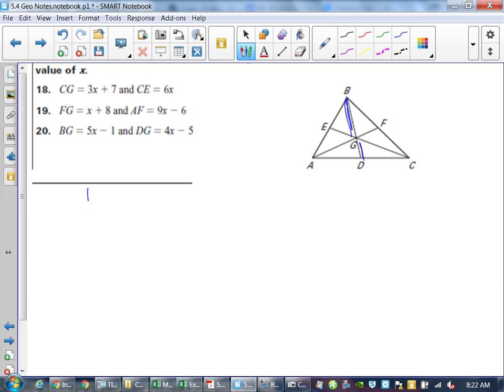So vertex to centroid, which is BG, is 5x minus 1. And centroid to side is 4x minus 5.